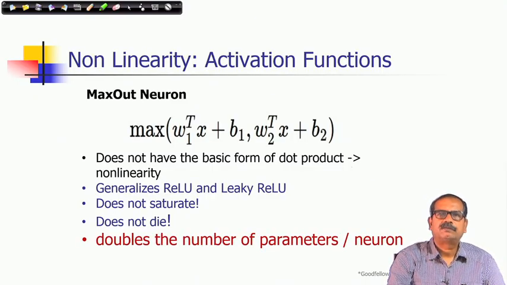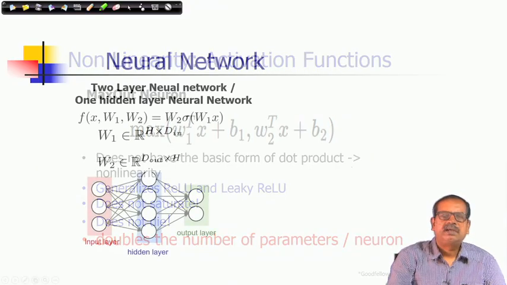Here it is the maximum of 2 linear combinations of inputs, W1 transpose x plus B1 and W2 transpose x plus B2. So it does not have the basic form of a dot product; of course, it is nonlinear, and it generalizes ReLU and leaky ReLU, does not saturate, and does not die. The problem is that it doubles the number of parameters per neuron.